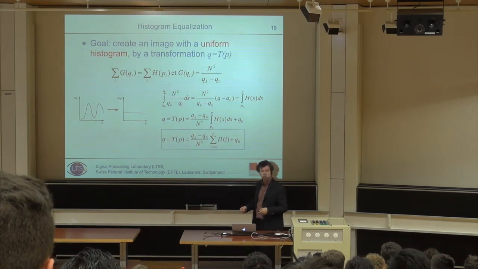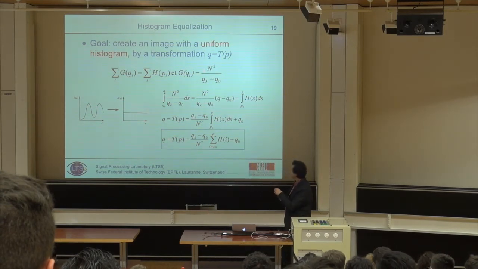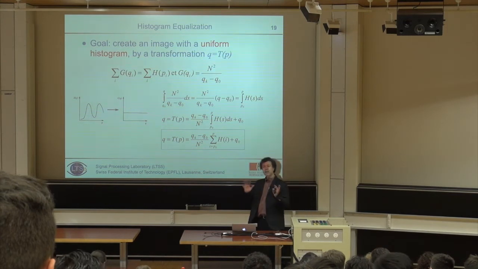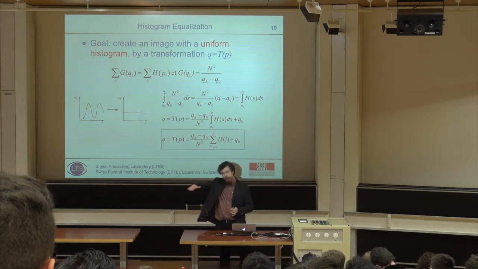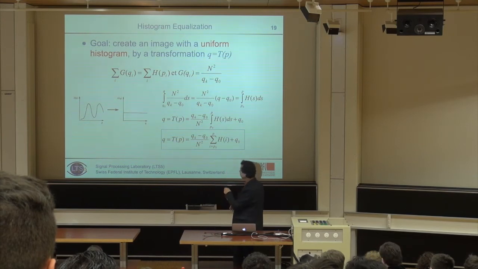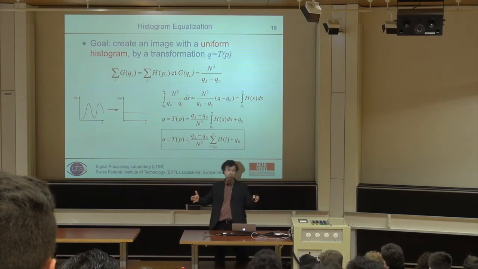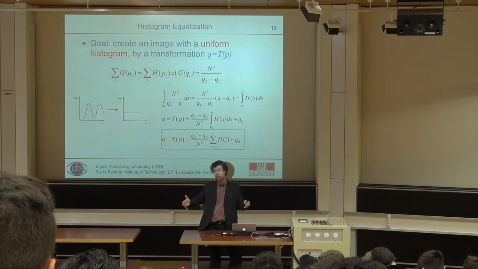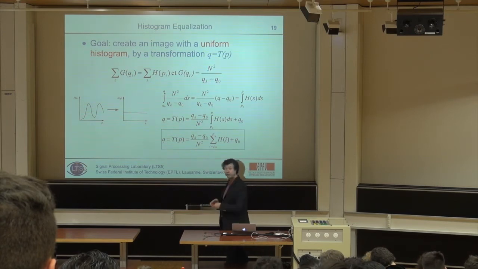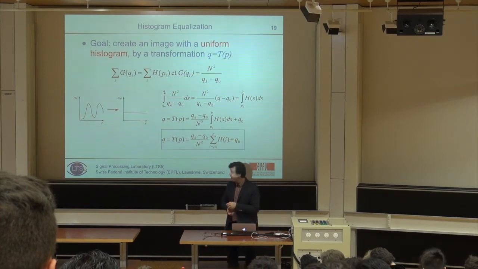But my histogram, in an ideal world, should be flat. And since the total should be the number of pixels, the height of that flat histogram is the number of pixels divided by the range of my image, from 0 to 255. So it's the number of pixels divided by 256 in an 8-bit representation. That's the goal.